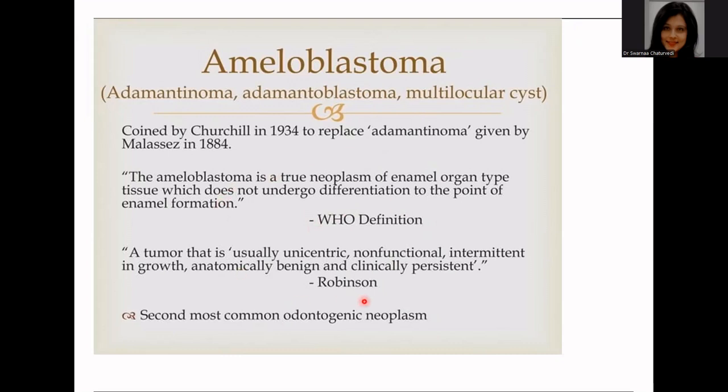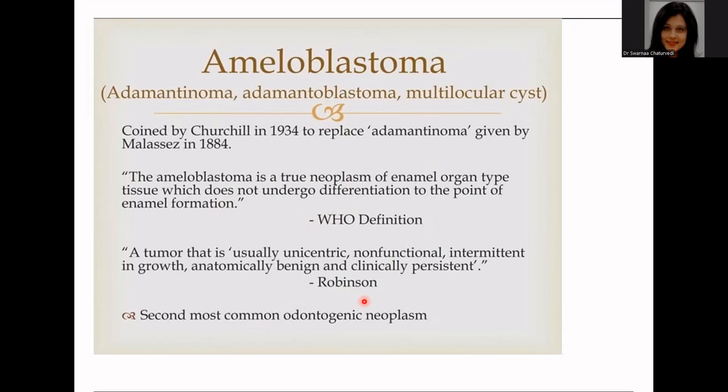While Robinson has defined it as a tumor that is usually unicentric, non-functional, intermittent in growth, anatomically benign, and clinically persistent. So these five characteristics which Robinson has attributed to ameloblastoma: unicentric, non-functional, intermittent in growth, anatomically benign, and clinically persistent.